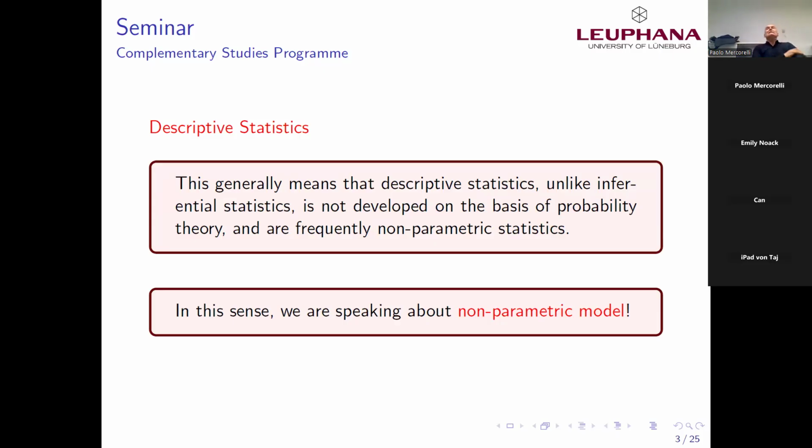In particular, one more word I would like to spend here. I told you that in this part of the course we will see descriptive statistics as a method to build a non-parametric model. And a model is a description of the reality. Keep in mind, remember last time I insisted a lot on this wording.